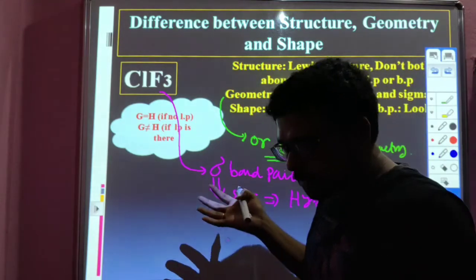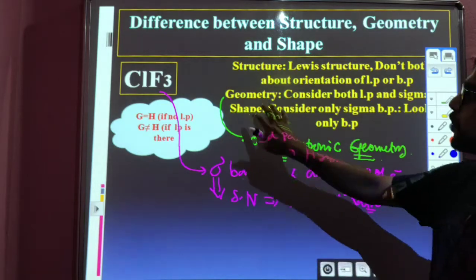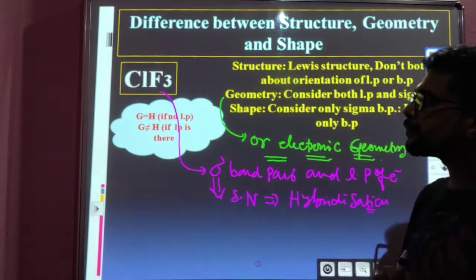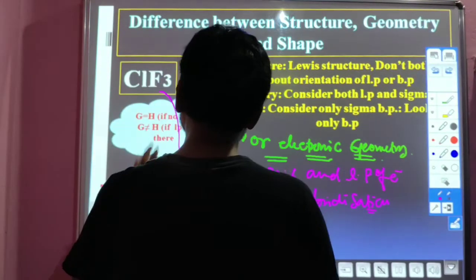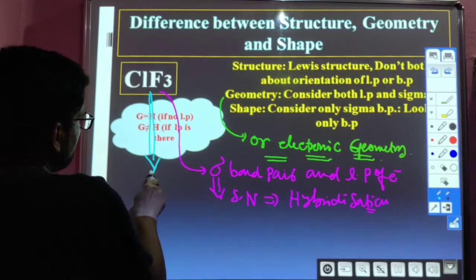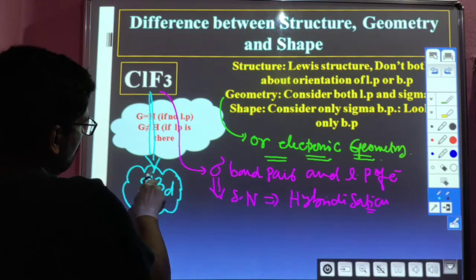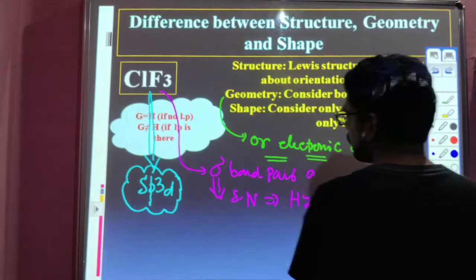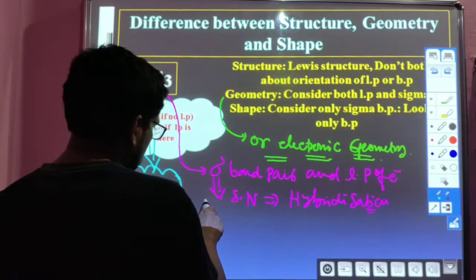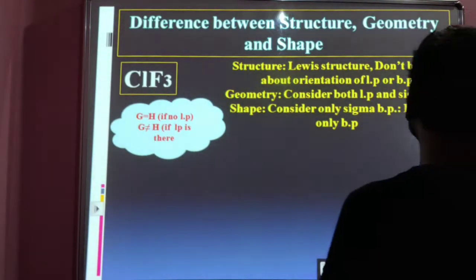Once I get a particular hybridization, I will get the geometry; that is fixed. For ClF3, the hybridization is sp3d. If hybridization is sp3d, okay, I will draw it here.